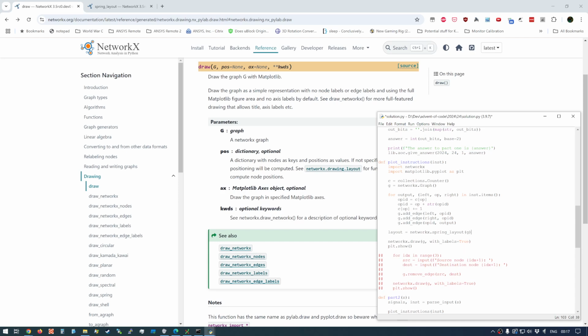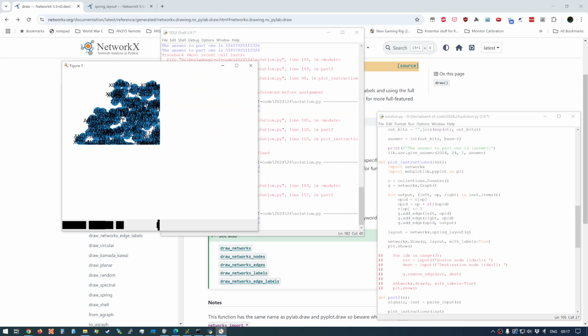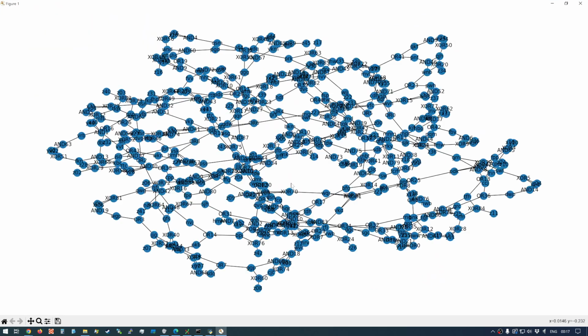Then dot draw. Okay. Shows how much I use NetworkX, and that's a mess.